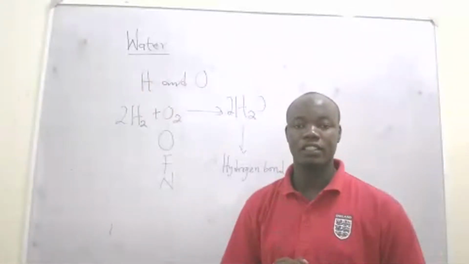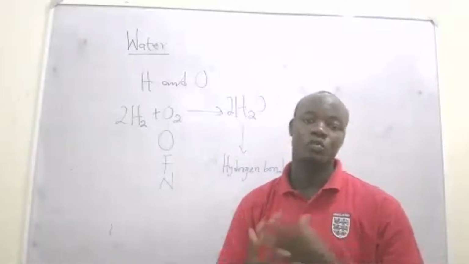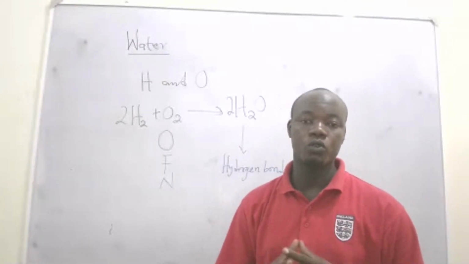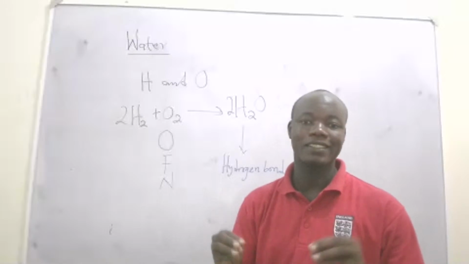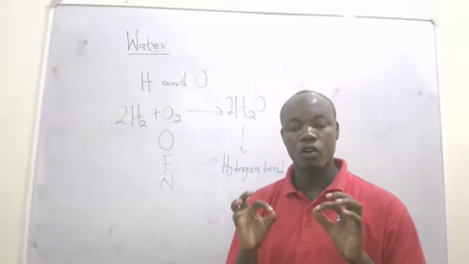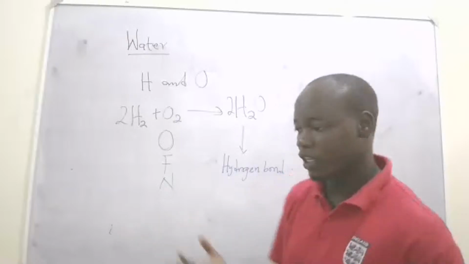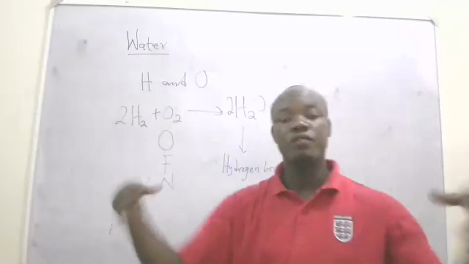And of course, one very interesting thing that we should understand: what is the importance of water? The most abundant biomolecule, or the most important substance found on Earth, is water. For example, we know that the Earth is made up of different components.